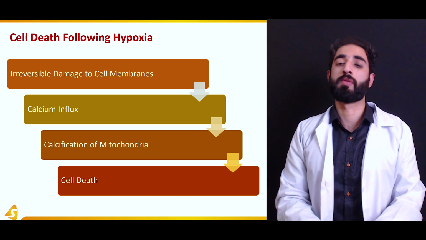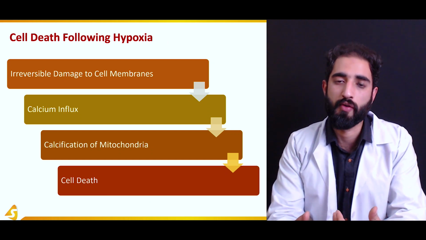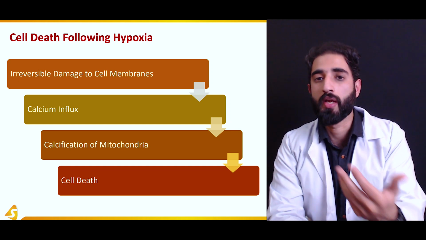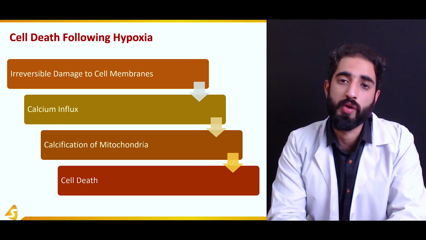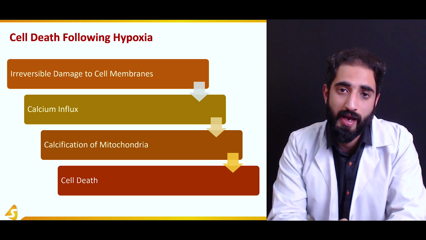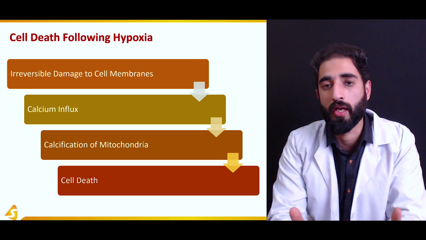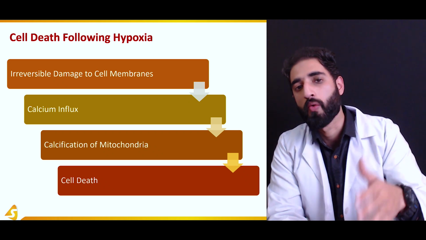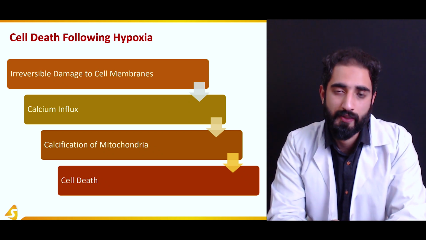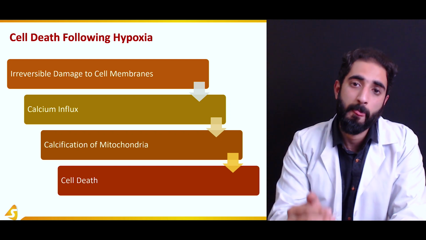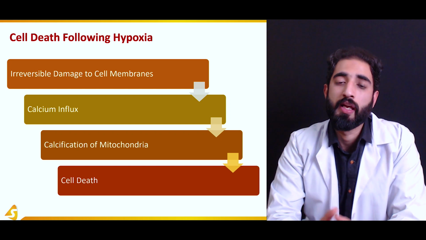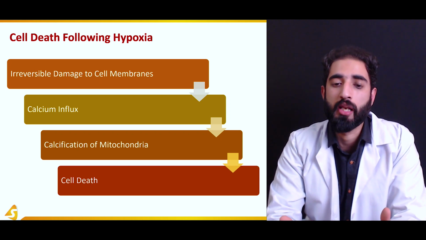But sometimes this destruction continues, and there is no recovery of the oxygen supply, and the hypoxia, apoxia, or anoxia prevails. So this hypoxia results in cell death, because after the late stage, when it is leading to cell death, irreversible damage to the cell membrane occurs.